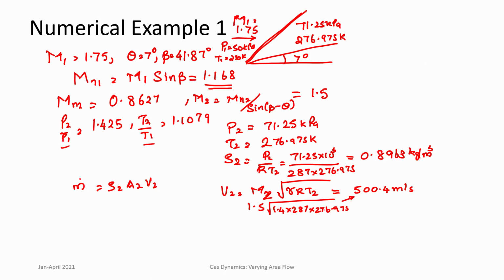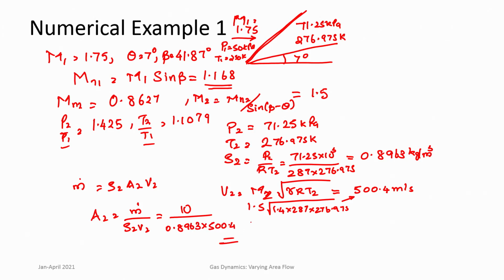This gives 500.4 meter per second. So A2 is M dot divided by rho 2 V2. You can do this calculation: 10 kilogram per second divided by 0.8963 multiplied by 500.